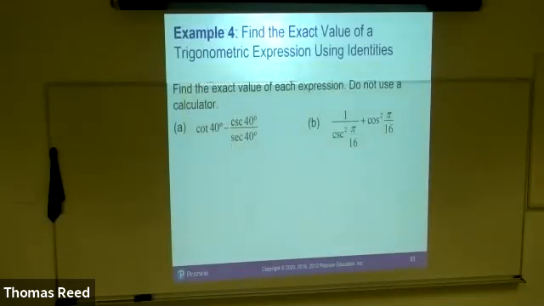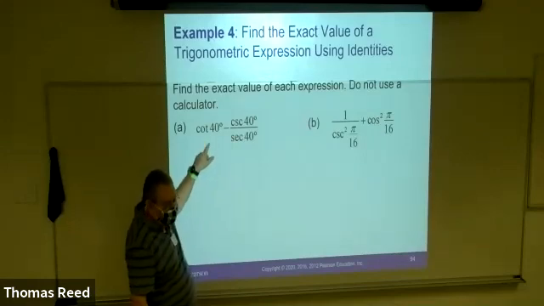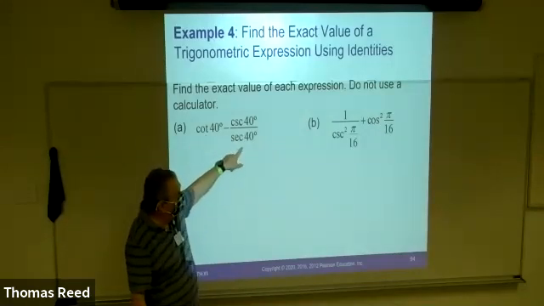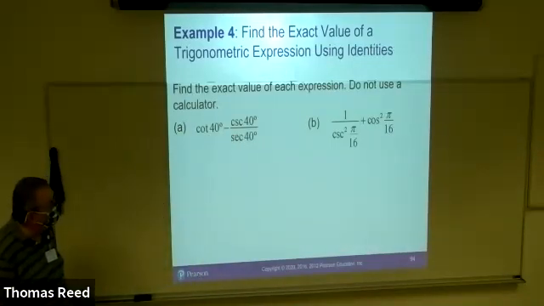Yeah, all right. And so we can find these exact values without using a calculator. I felt like we did this slide. If I remember correctly, this wound up equaling cotangent 40. So we're subtracting cotangent 40 minus cotangent 40, which gave us 0.